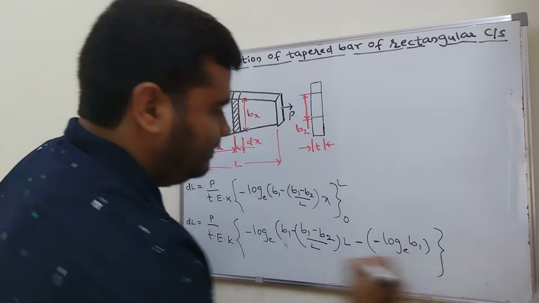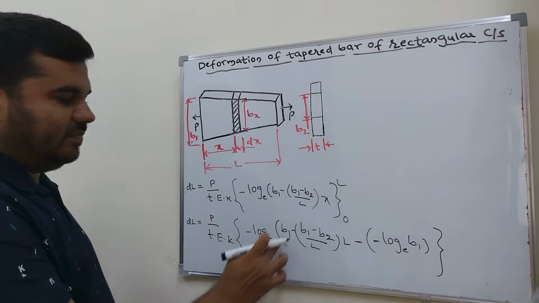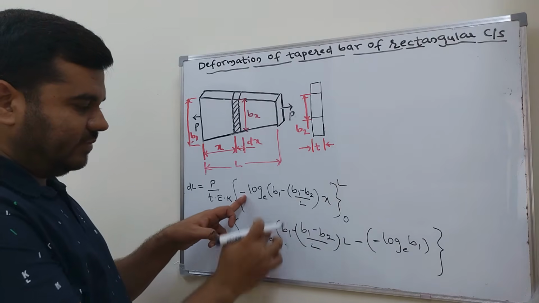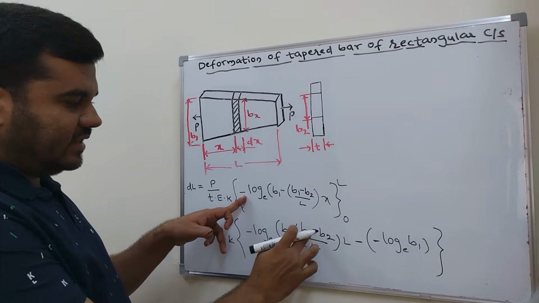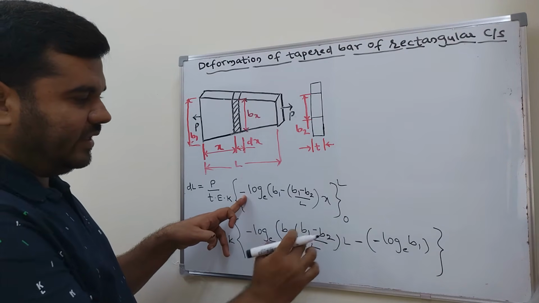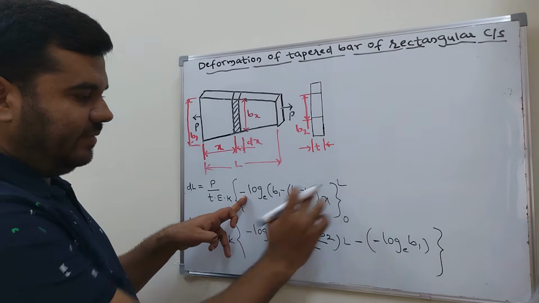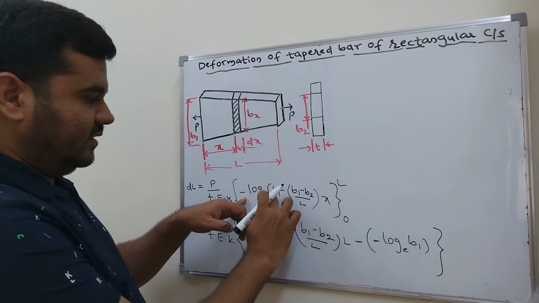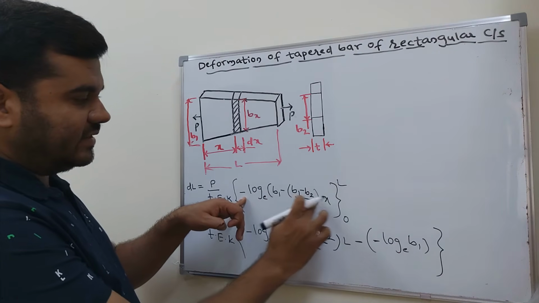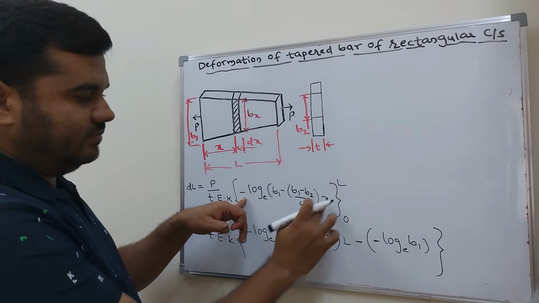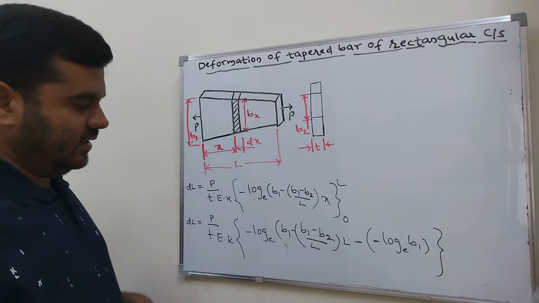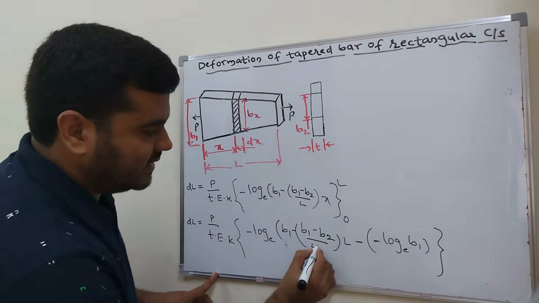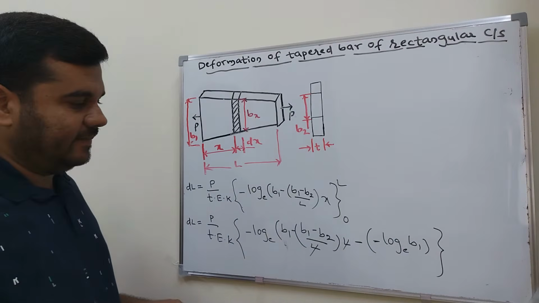First I substituted the upper limit, minus log to the base e of b1 minus b2 divided by L into L, minus the lower limit, where I am substituting b1, because if we substitute 0, this term becomes 0. This is after substitution. Now this L cancels.